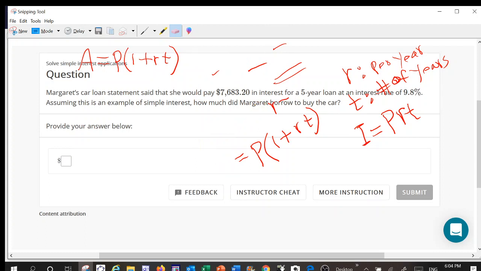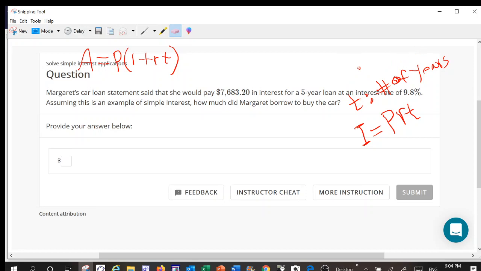So what do we know? Well, we know that she would pay $7,683.20 in interest for 5 years at an interest rate of 9.8%. Assuming this is an example of simple interest, how much did Margaret borrow to buy the car?